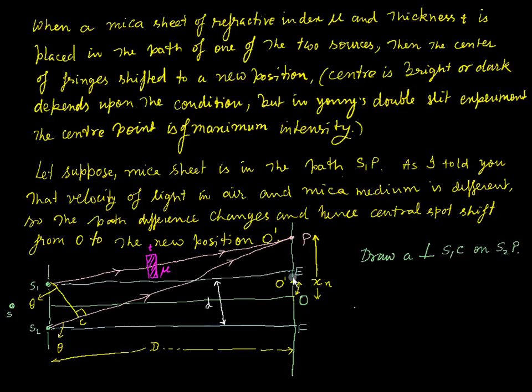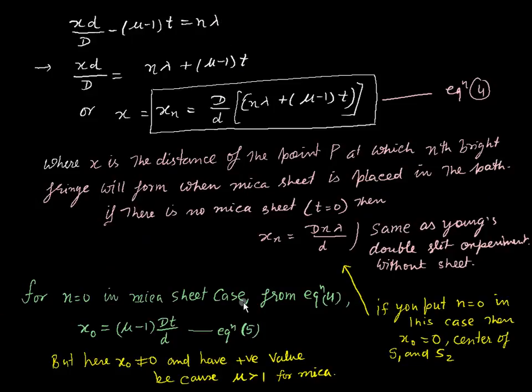So O prime is the new position of the bright fringe. As I told you, x naught is the distance from the earlier position of the center point, and that is (mu minus 1) capital D small t upon small d. Right, I am sure that now this idea is clear.